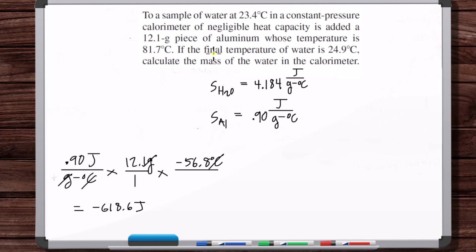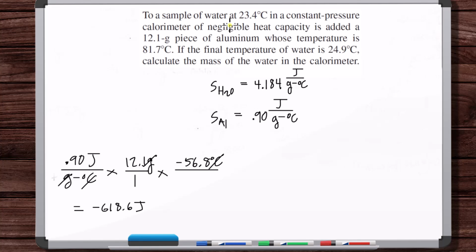I didn't specify this, but you might be asking, how did we know that the final temperature of the aluminum was 24.9? Because it doesn't tell us that. It says the final temperature of the water is 24.9. That's something else you have to notice in these problems. The final state is typically going to be in thermal equilibrium.